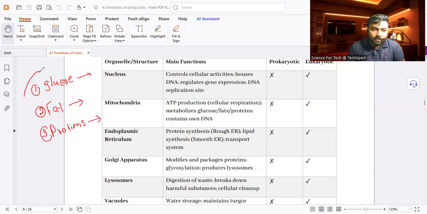This is the sequence of molecules. Understood? First of all, use glucose, then after glucose is over, turn to the fat. Then when all the fat is gone, try to use protein. This is the sequence of energy production. Understood?